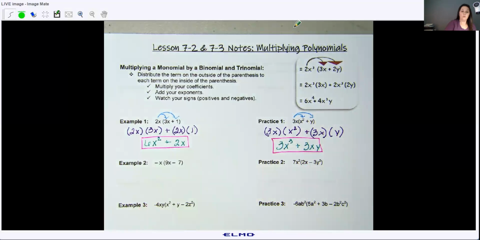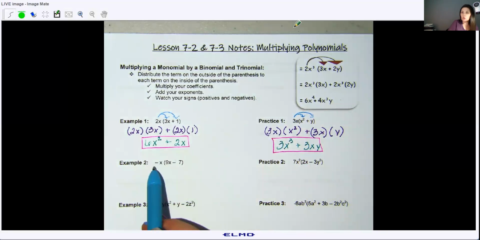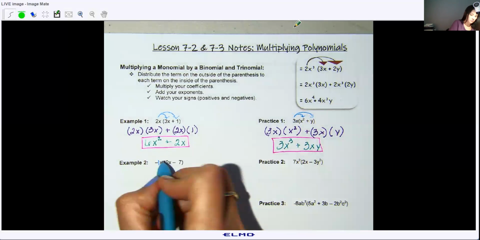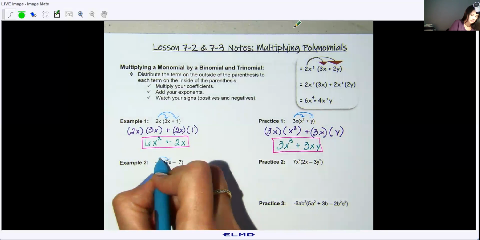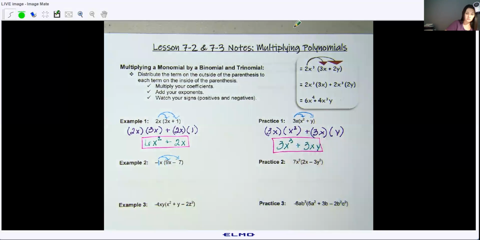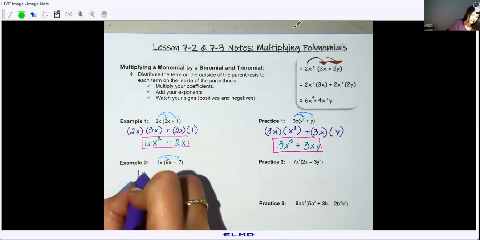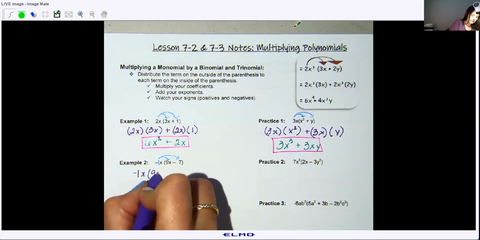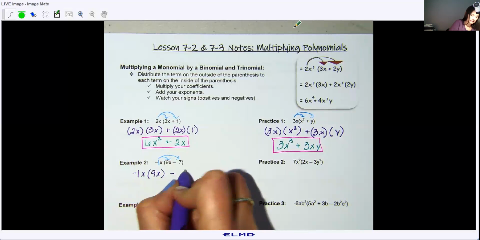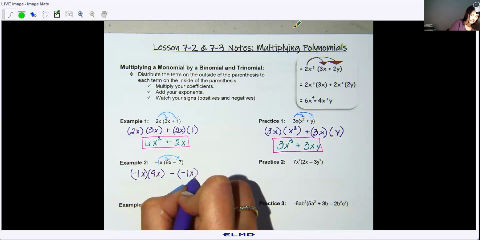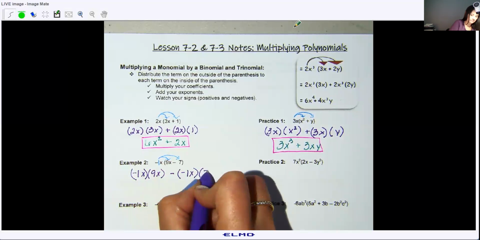All right, with example number 2, if it helps, you could put a 1 behind this negative, and we're just going to do the same thing. We're going to multiply it by both of those terms. So negative 1x times 9x minus negative 1x times 7.